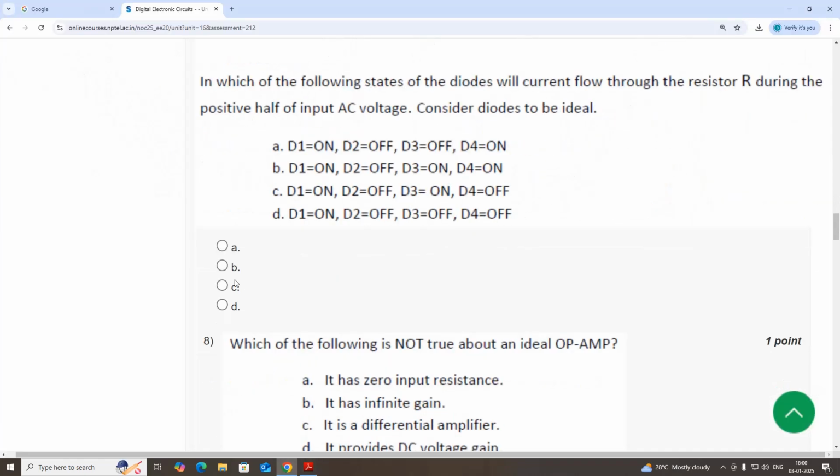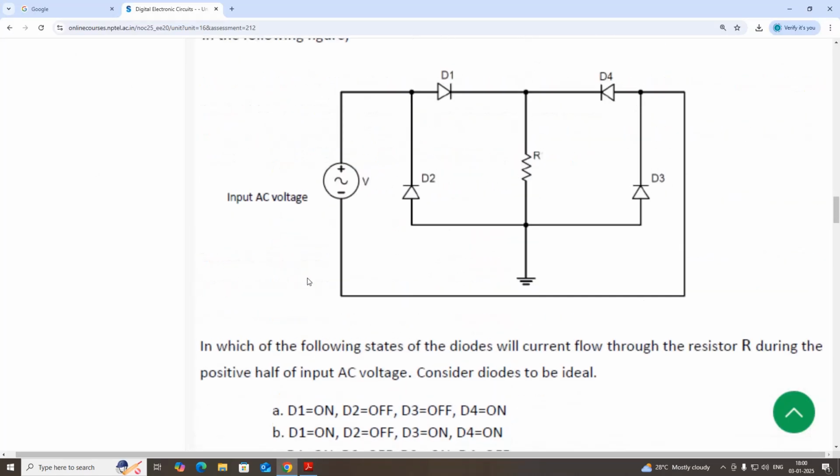We'll see seventh, option C, in the diagram. During the positive half cycle, current flows through the diode D1, then through the resistor, then through the diode D3, and then it reaches the negative terminal.